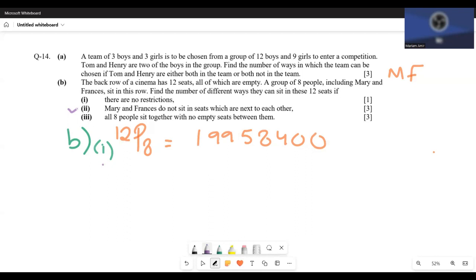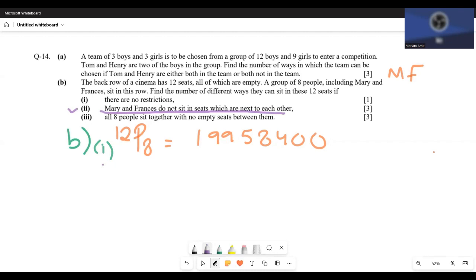B.2. Mary and Frances do not sit in seats which are next to each other. Okay. So again, there are 12 seats available. 8 people need to occupy those 12 seats, but then there is a restriction that Mary and Frances do not sit in seats which are next to each other.